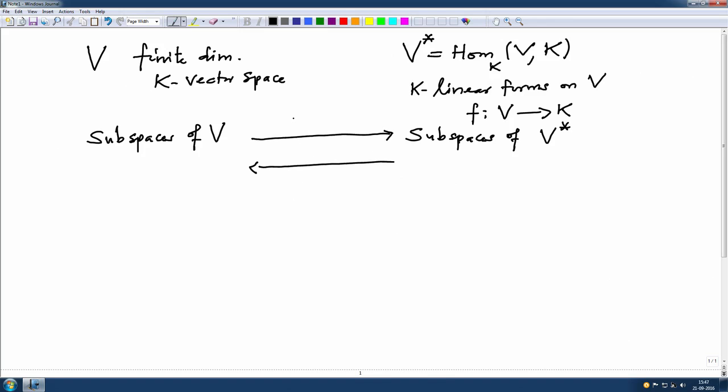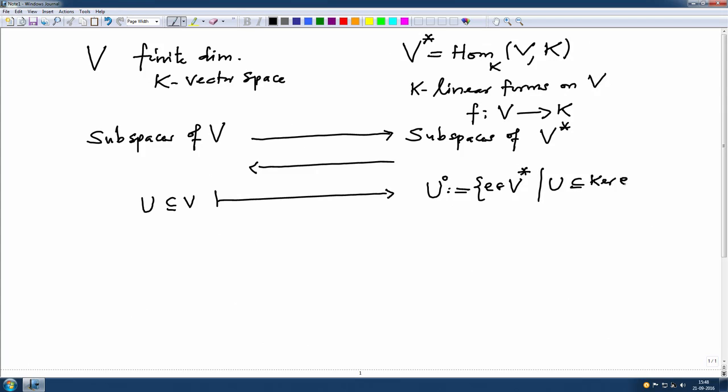The first map takes any subspace U of V to U right circle, that is by definition all those linear forms which vanish on U. So, that means U is contained in the kernel of E. This is clearly a subspace of V star.